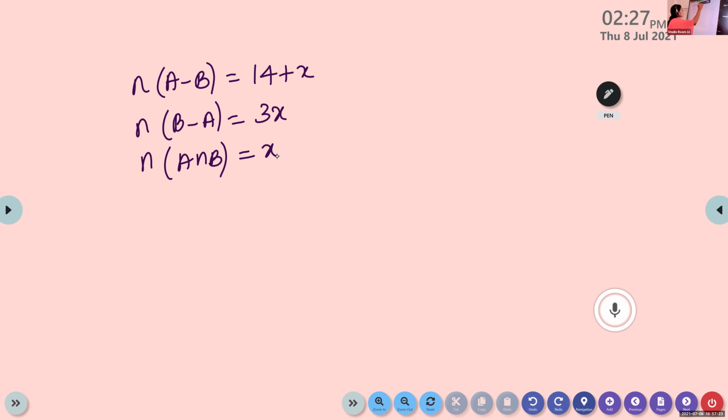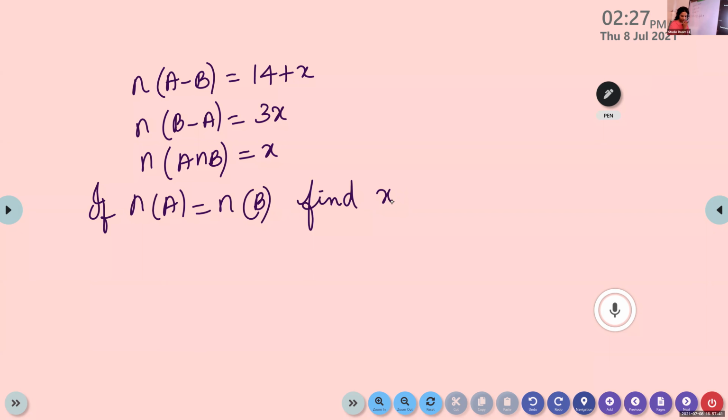If n of A is equal to n of B, it's the continuation of the same question. If n of A is equal to n of B, find x and n of A union B.